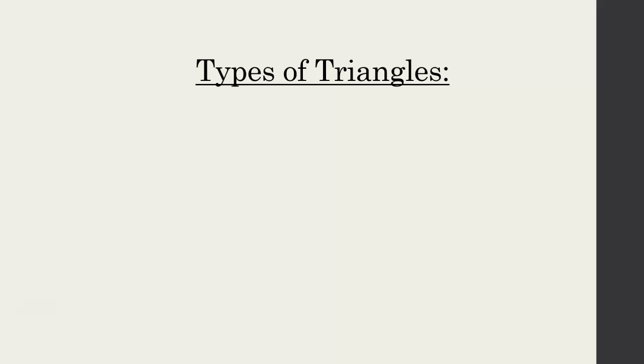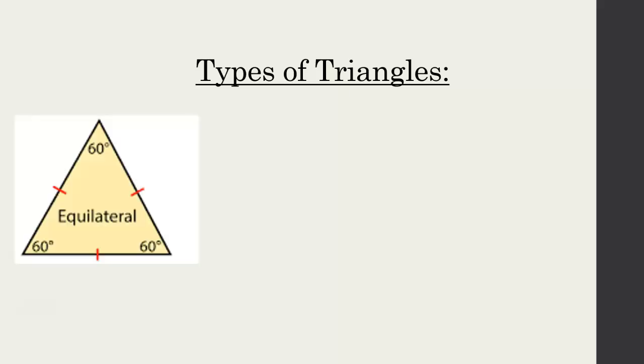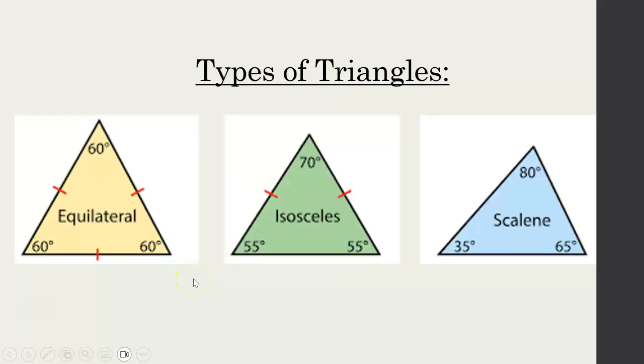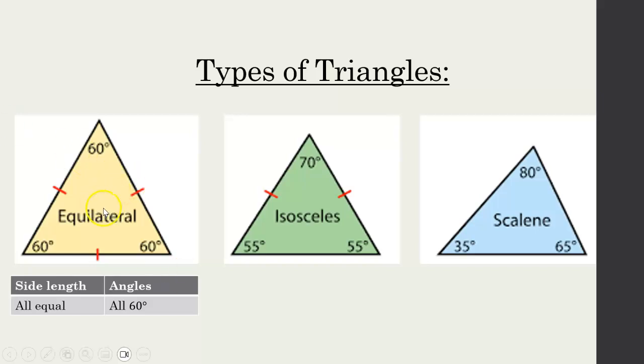Then we have different types of triangles that we'll encounter, and we have names for them. First one, the equilateral triangle, is where the three sides are exactly the same and the angles are exactly the same, and the angles are going to be, in this case, 60.